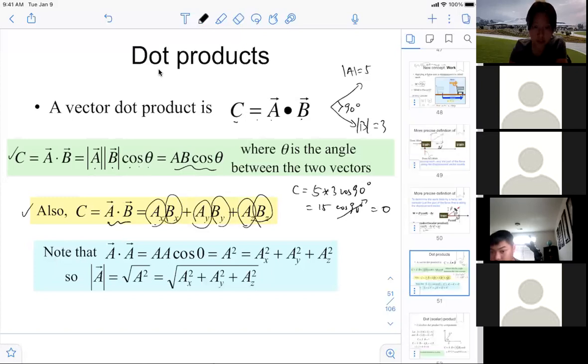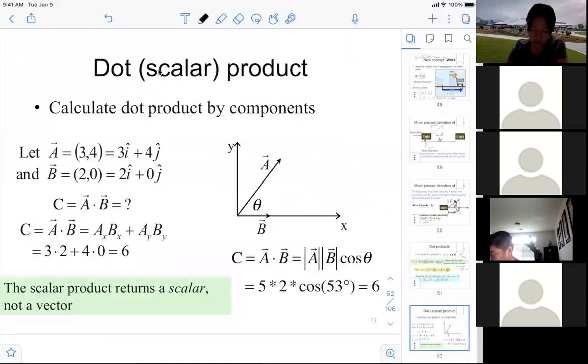Whichever is easier depends on the situation. If you dot a vector onto itself, you get the magnitude of the vector squared. You can see that A squared is Ax squared plus Ay squared plus Az squared. We already know the magnitude of a vector is the square root of all these components squared and added up.